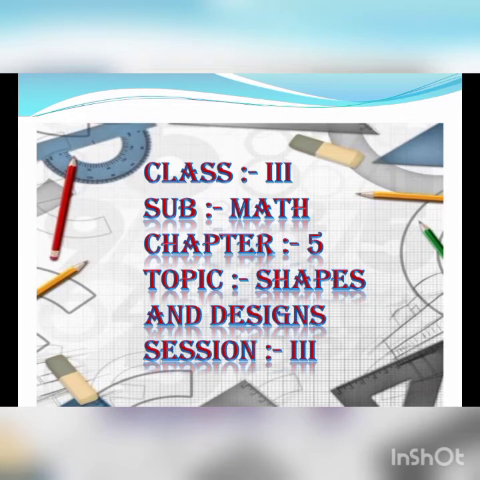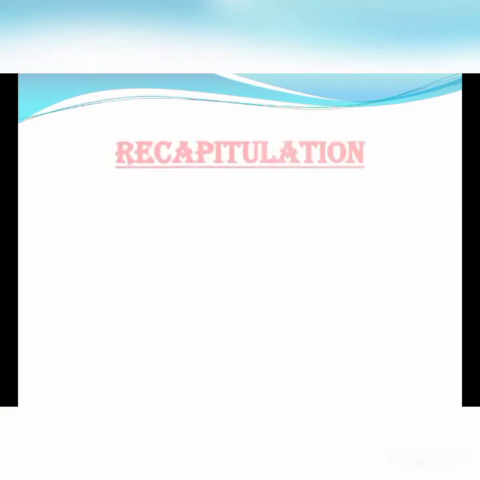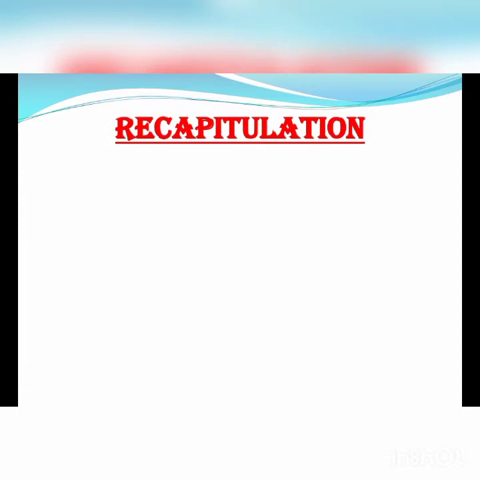Session number 3. Today we will learn about patterns, but before that, let's do revision of what we learned in our previous session. We learned about the solid shapes and also about the edges and corners.